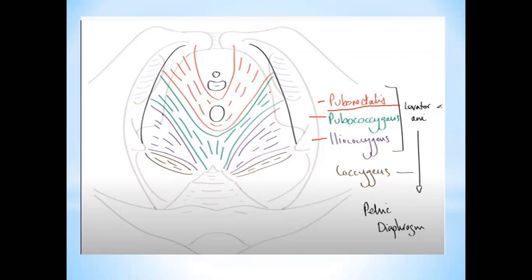Then we have the pubococcygeus muscle, that is the intermediate fibers. Then in the last, we have the iliococcygeus fibers, or the posterior fibers, as we call them.